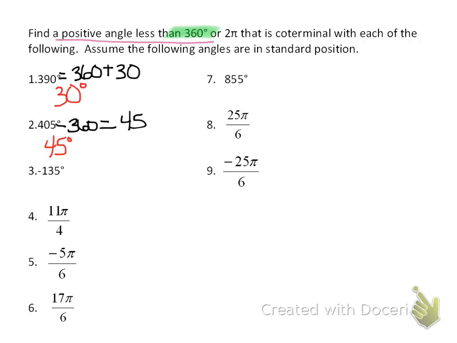All right, negative 135 degrees. If you think about where we would put negative 135 degrees, that's a clockwise rotation from your positive x-axis. As we go clockwise from our positive x-axis 135 degrees, what we really need to find is the other half. How would I find the other half of that?